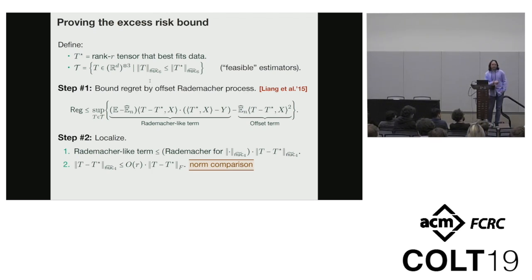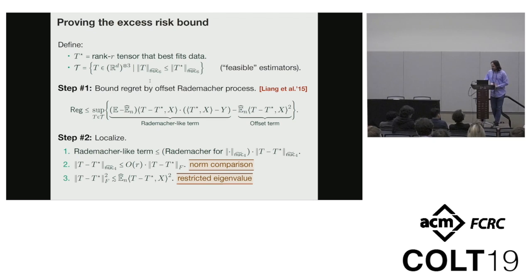So in a certain sense, the feasible tensors are approximately low rank. The third step is to give a restricted eigenvalue guarantee. This shows that the Frobenius error is proportional to the empirical squared error. If you chain all these inequalities together, the first Rademacher term in our generalization bound is proportional to the offset term, so you get a cancellation, and this leads to the 1 over n rate.